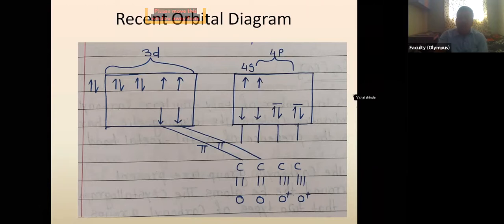That's why the nickel acquires negative charge and this carbon monoxide acquires positive charge, shown here in this diagram. Okay. And these are C triple bond O. These two carbon monoxide molecules are C triple bond O. Now the remaining two, these are the C double bond O.